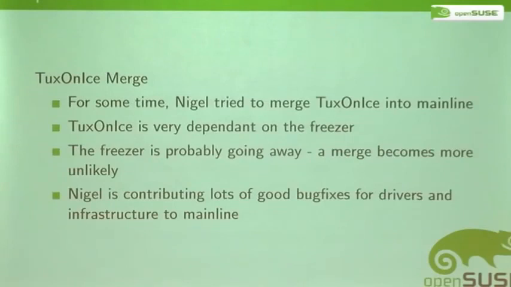So he tried to push his stuff upstream, but for the reasons said before, there's lots of user interface stuff in there, and it will probably never go upstream. That's what many of the involved parties have told me. Then the next problem is that suspend 2 is heavily dependent on the freezer.